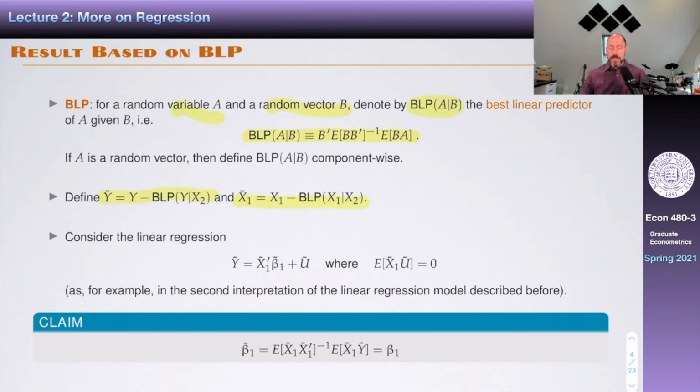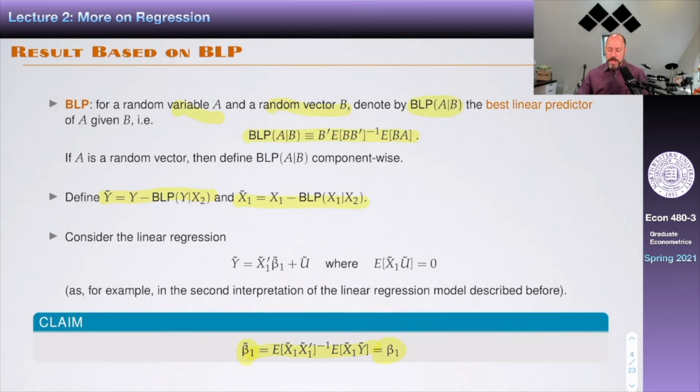And the claim, and this is what we want to show now, is that beta 1 tilde, the beta that you obtained from this regression at the top, which is the usual expected value of x1 tilde x1 tilde prime, inverse, expected value of x1 tilde y tilde, is exactly the same as the beta 1 we had in the long regression from the previous slide.